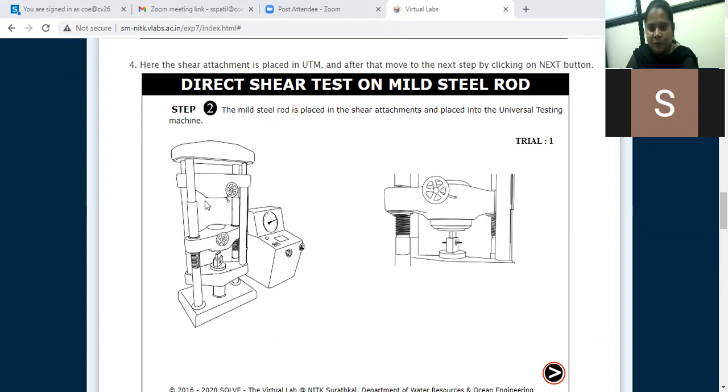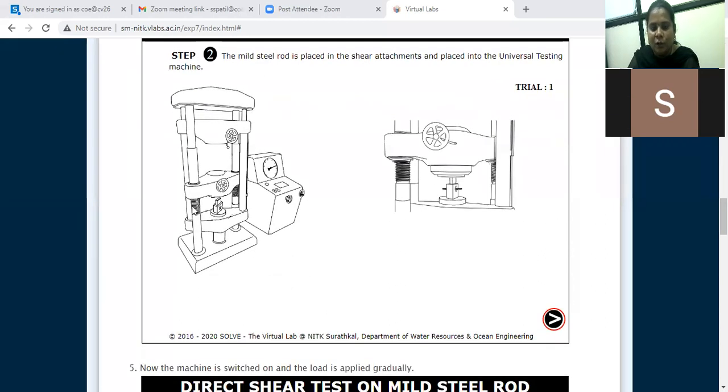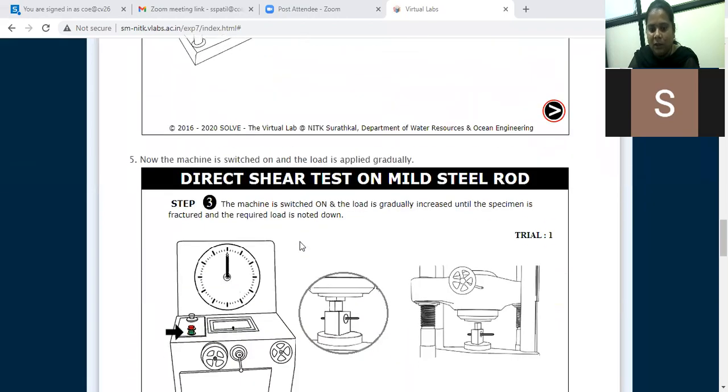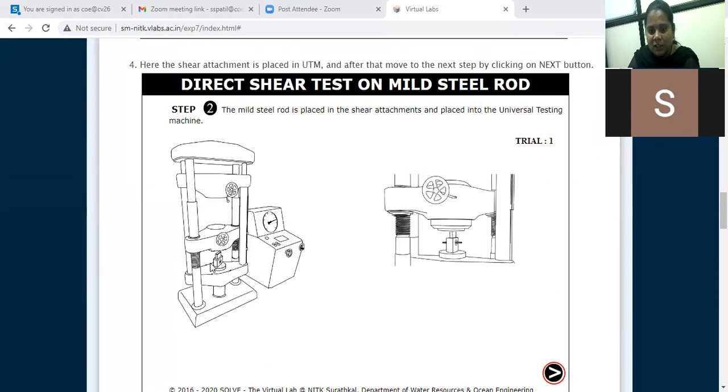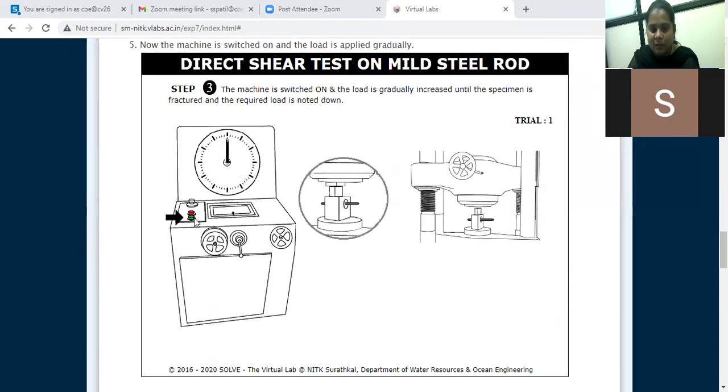For tensile testing, we use the upper crosshead and middle crosshead, but for compression and shear tests, we use the intermediate crosshead and lower crosshead. That's why the shear assembly is fixed between the middle and lower crosshead. Once this assembly is fixed, you have to start the machine.